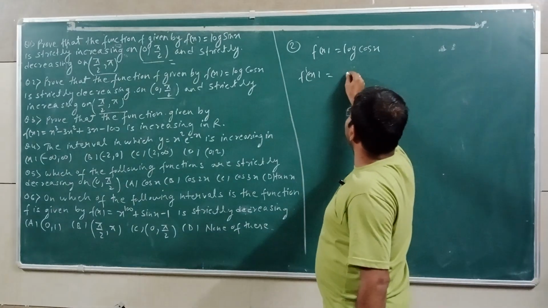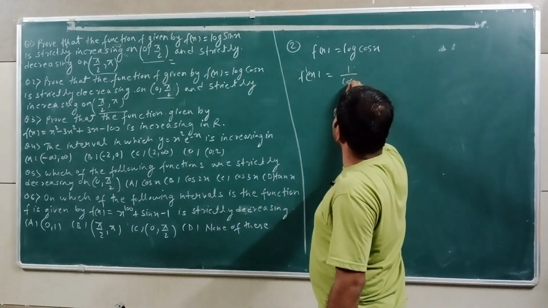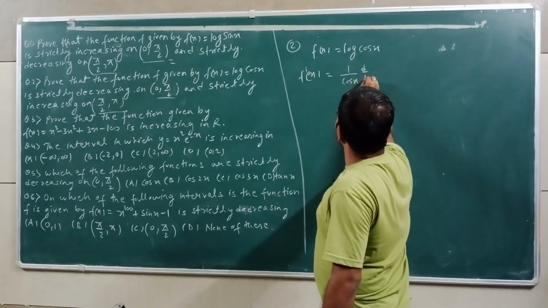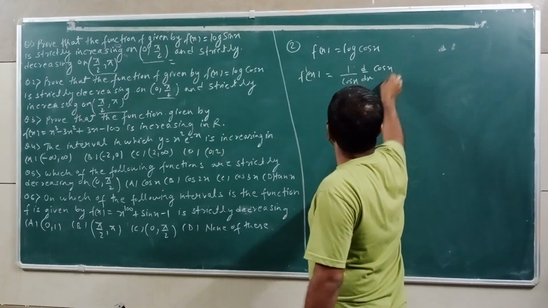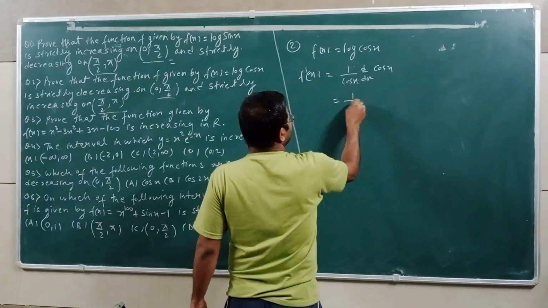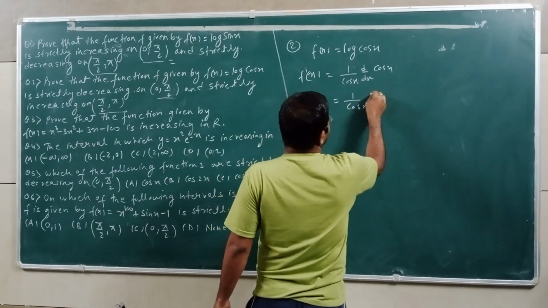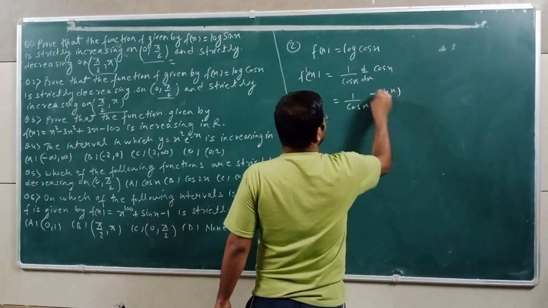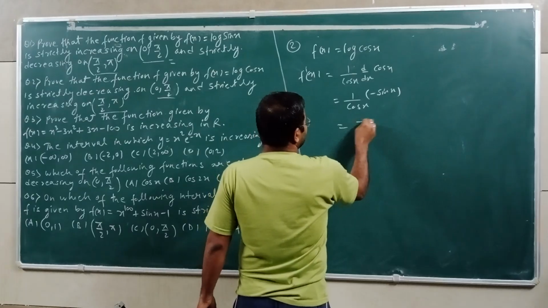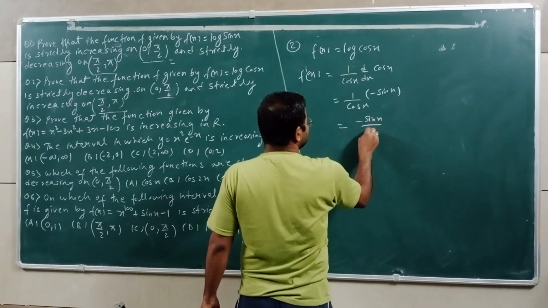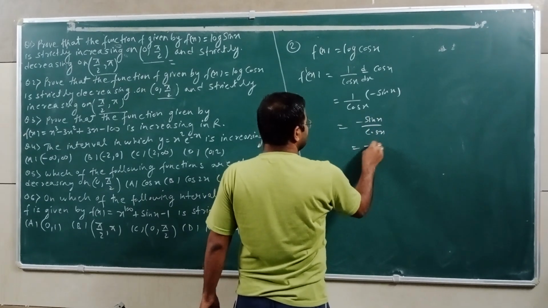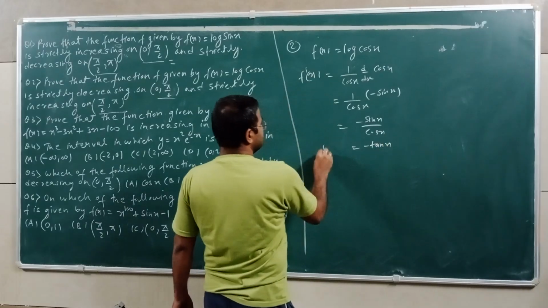On differentiating, we get 1 upon cos x into d upon dx of cos x, means 1 upon cos x into minus sin x, then minus sin x upon cos x, means minus tan x.